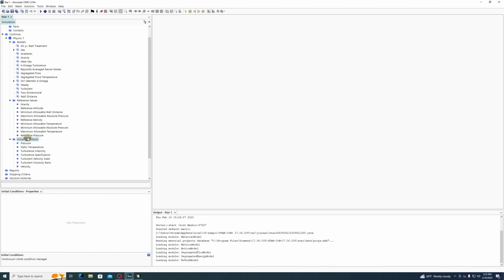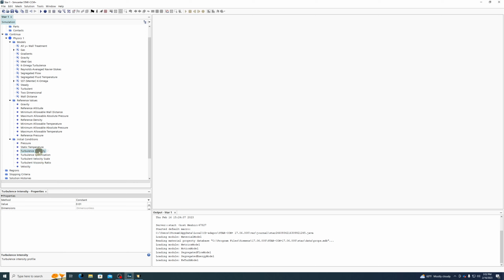So in this case, if we initialize a simulation with this condition, it would have an absolute pressure of 101,325 pascals. It will initialize it to some temperature, in this case 300 Kelvin by default. It will initialize it to some velocity, 0 by default.